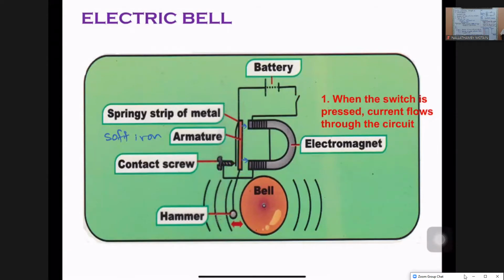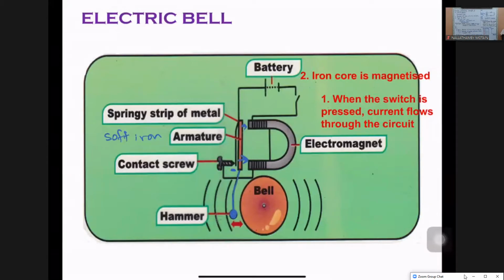Once the soft iron armature is being attracted, being pulled, the contact over here is open. Once it's pulled, you can see there is a hammer. This hammer will strike the bell and produce sound.